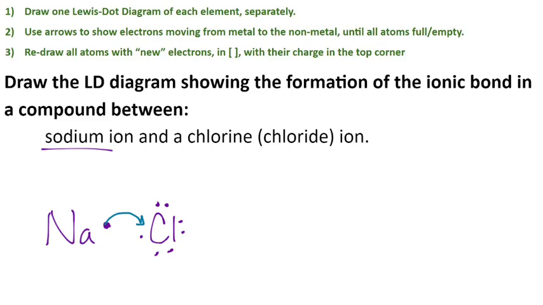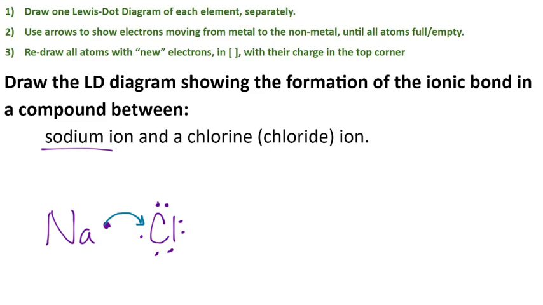I could have moved all 7 of those electrons from chlorine to sodium, but that would be way more arrows and way more crazy. The simplest way to get all my atoms full or empty is to transfer that 1 electron from sodium to chlorine's empty spot there. So that's that step 2. All my atoms now are looking like they're going to be completely full and completely empty. So we're ready for step 3.